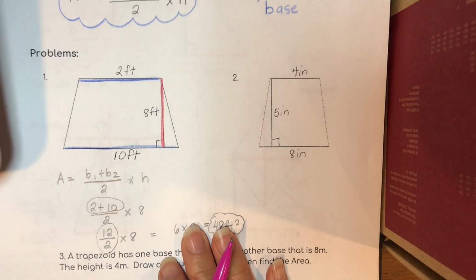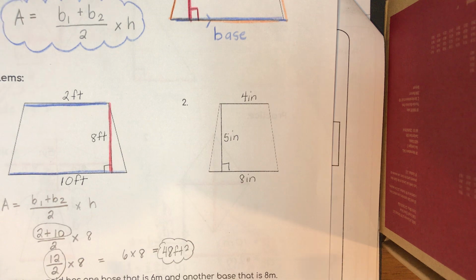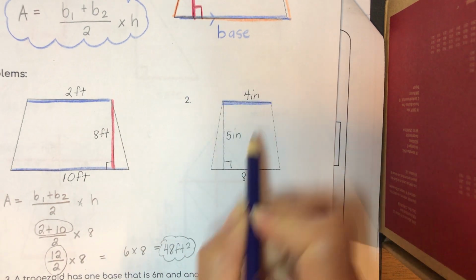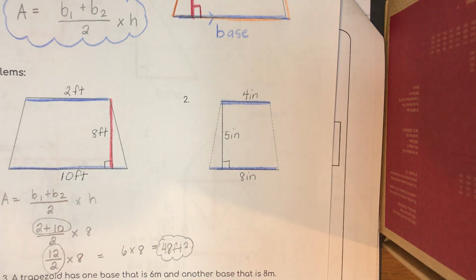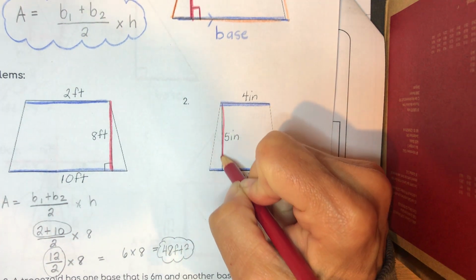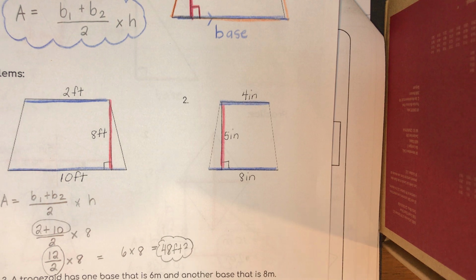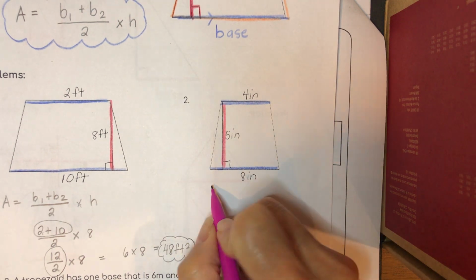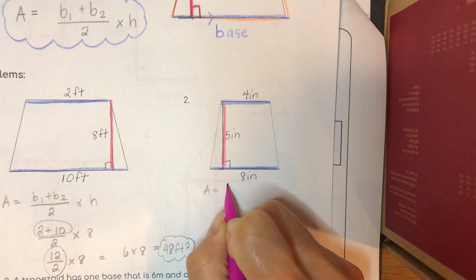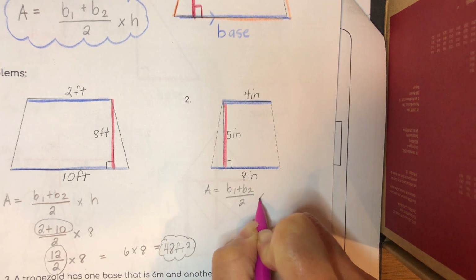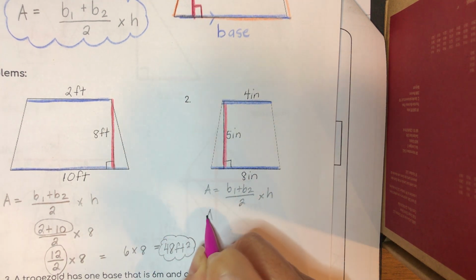Let's take a look at number 2. Our bases are 4 inches and 8 inches. And our height is 5 inches, the one that is perpendicular to the base. So if we plug that into our formula, which I'm going to write again, base 1 plus base 2 divided by 2 times the height. We plug it in.